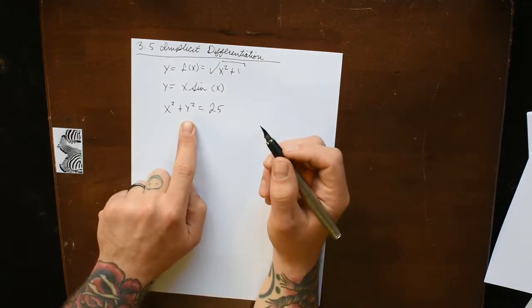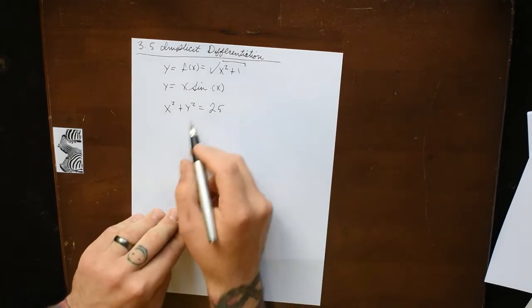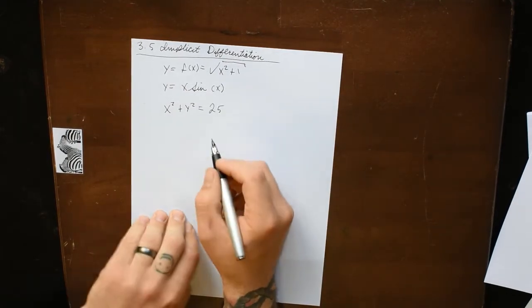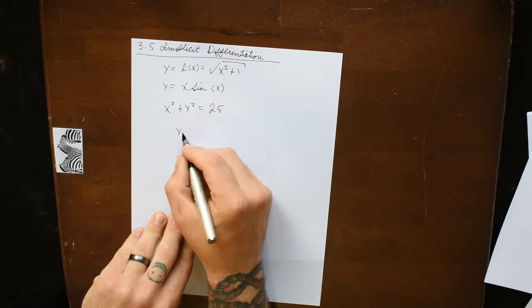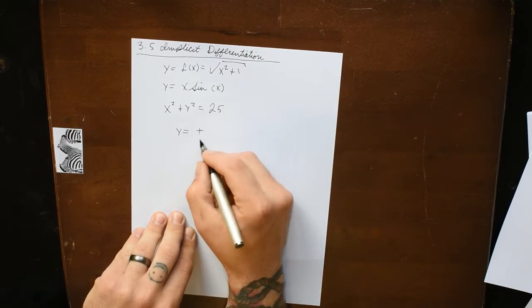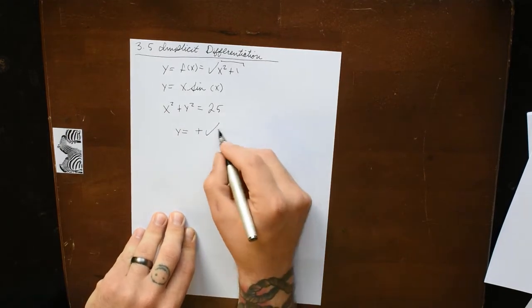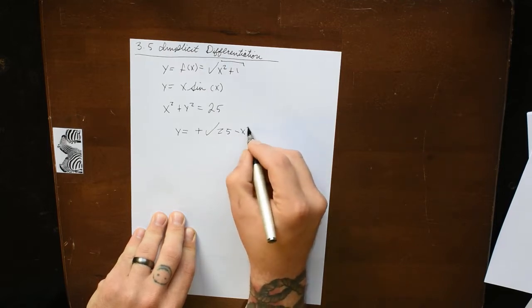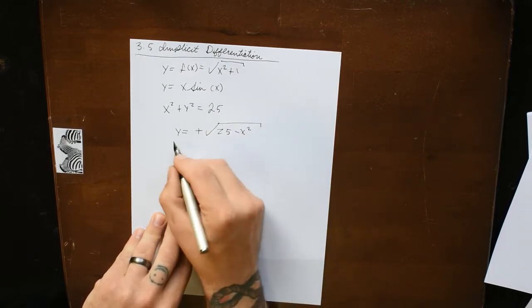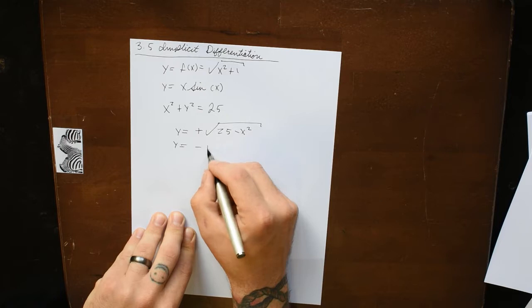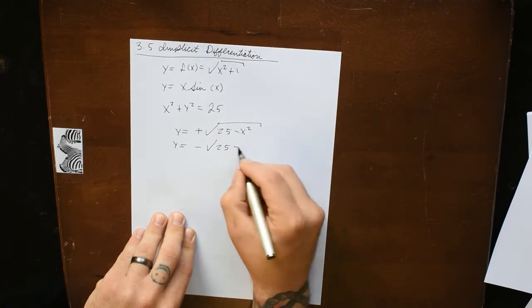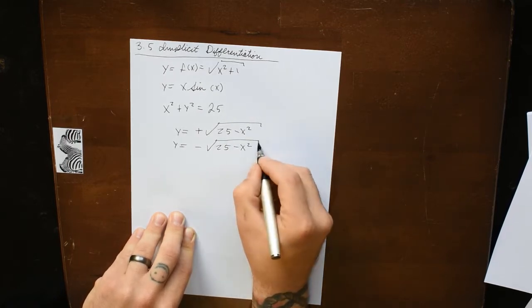And how we can't solve for y by itself. We would get two equations. Y is equal to either the positive square root of 25 minus x squared, or y is equal to the negative square root of 25 minus x squared.